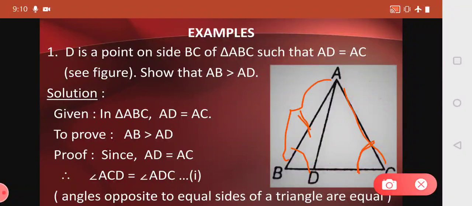Yes. Again it is given in the question that AD and AC are equal. So we will write AB greater than AD, means these both are equal, AC and AD are the same. So in place of AC we write AD. So we write AB is greater than AD.